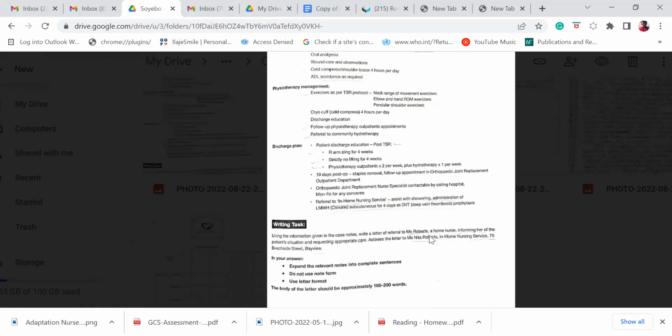So you are referring a patient to another. So it is a referral letter, not a discharge letter. We understand the patient is discharged from the hospital, but you are referring to the in-home nursing service, informing her of the patient's situation and requesting appropriate care.